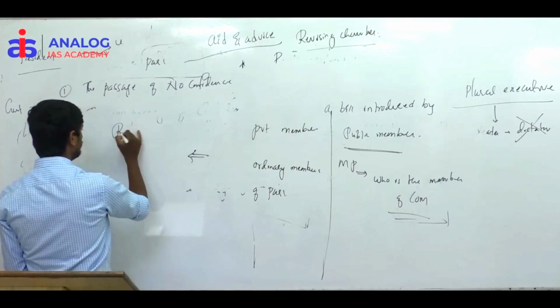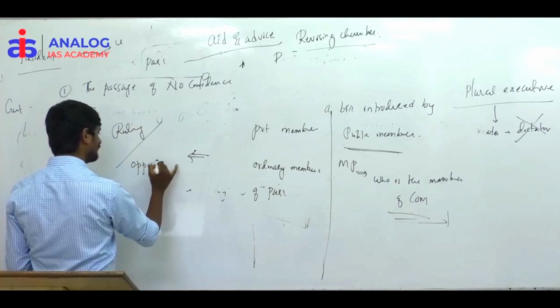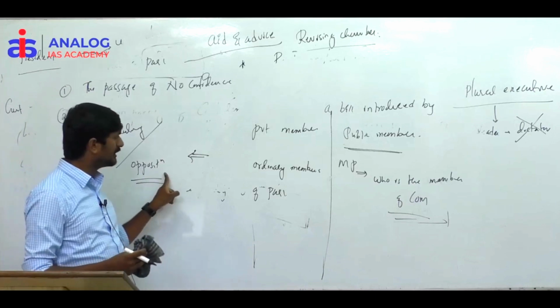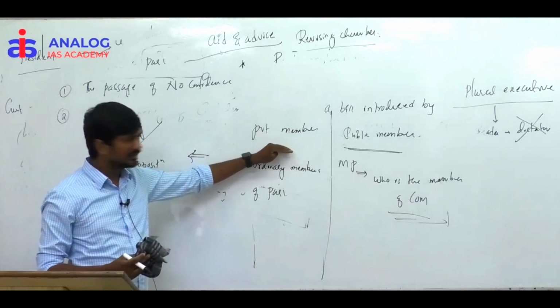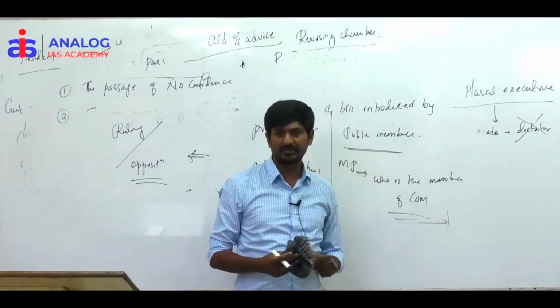These ordinary members may be from the ruling party or the opposition party. Such members are called private members. But the members in the government or council of ministers are called public members.